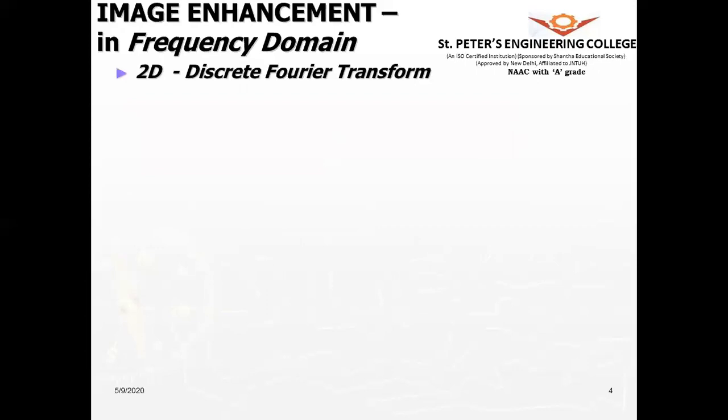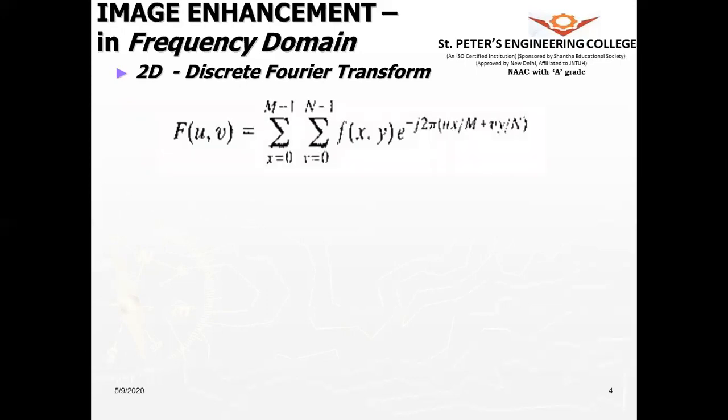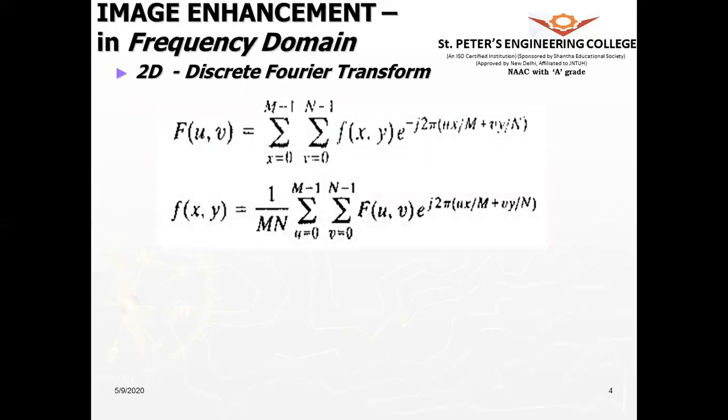The 2D discrete Fourier transform has a forward transform equation given here and the inverse Fourier transform given here. This is not the unitary transform that I had shown in the image transform topic.